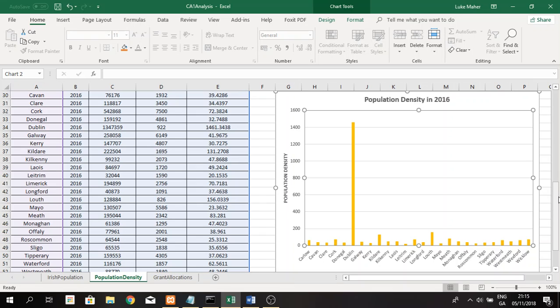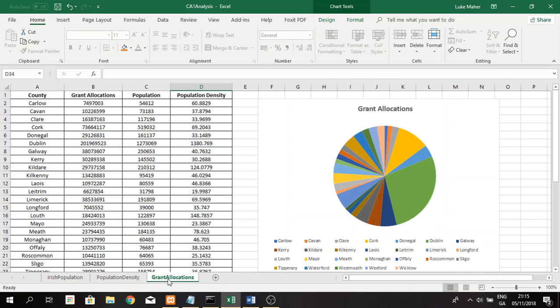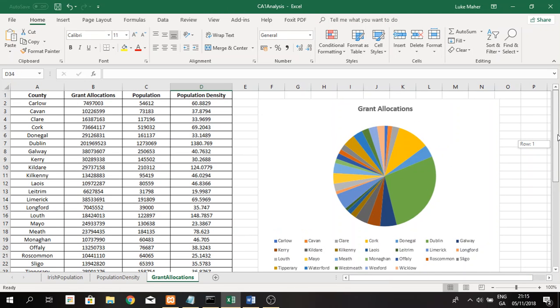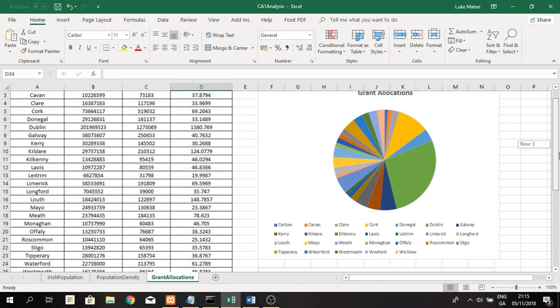And then my last graph asked me to explore whether the grant allocation has been fair based on the population of each county. And so I've done this here. This is a pie chart showing the different grant allocations depending on the county.